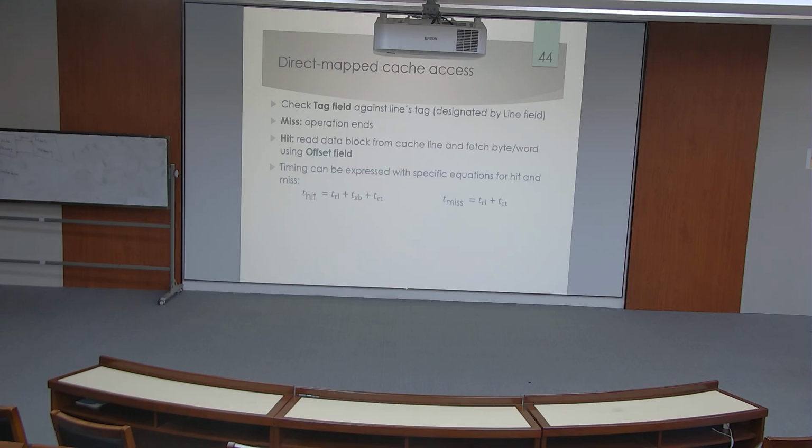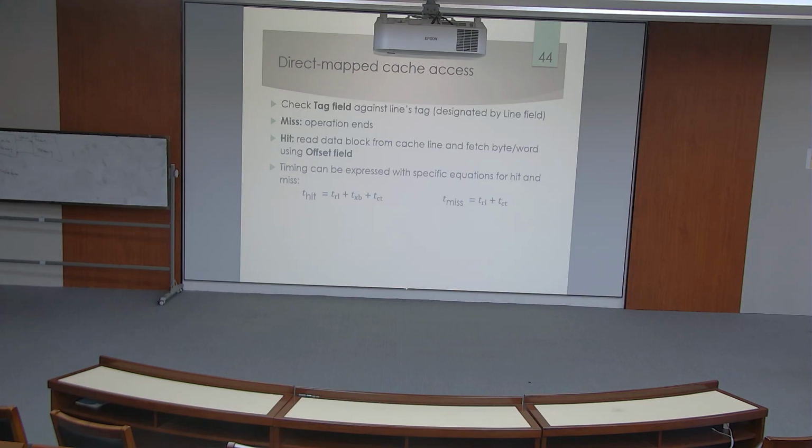Now, the system needed to check the tag field against the line's tag. Then, if the data is in the cache memory, it needs to be returned to the central processing unit. So we need to calculate the hit time. How long does it take the system to return the data if it is in the cache memory? Now, if there is a miss, the system needed to expand its data request to the next level in the memory hierarchy.